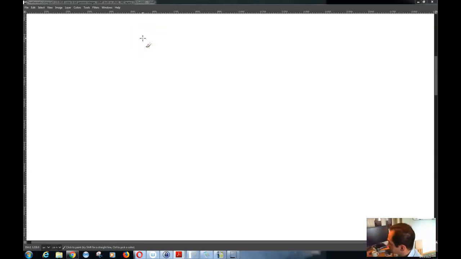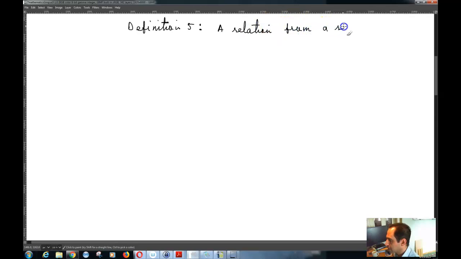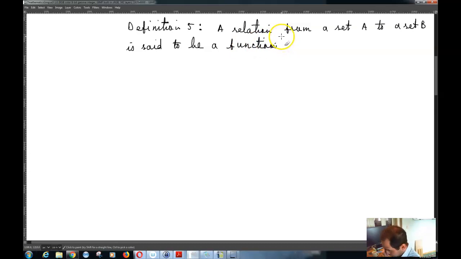We can visualize a function as a rule which produces new elements out of some given elements. There are many terms such as map or mapping used to denote a function. Now, as definition number 5, we say that the relation f from a set A to a set B is said to be a function. So you hopefully now understand all of the terms used in this definition.